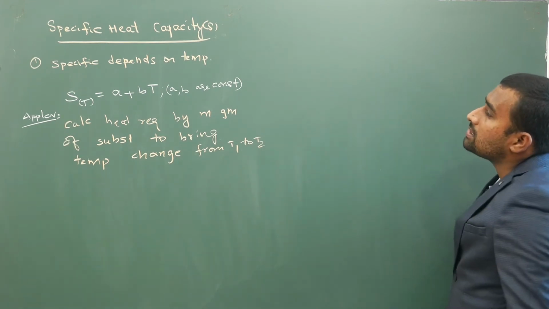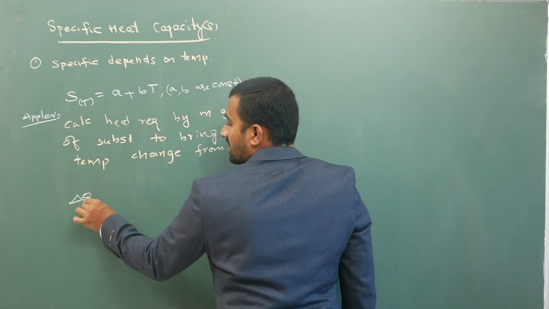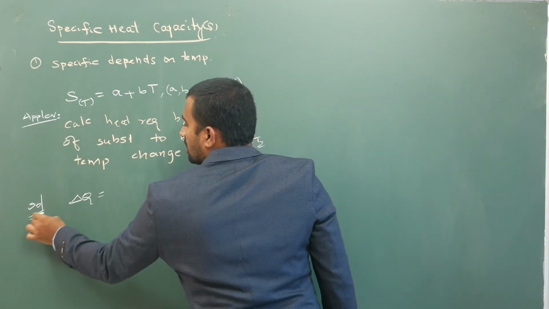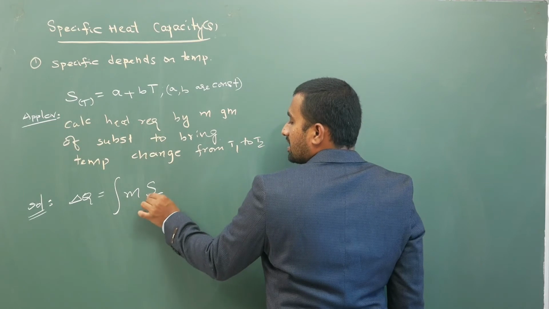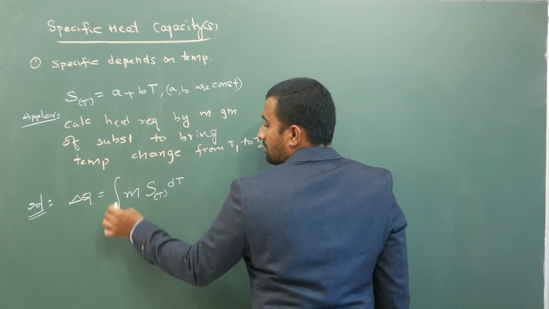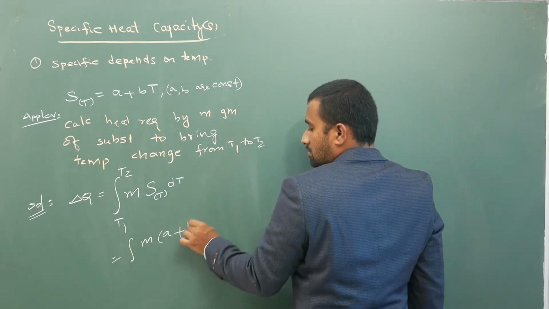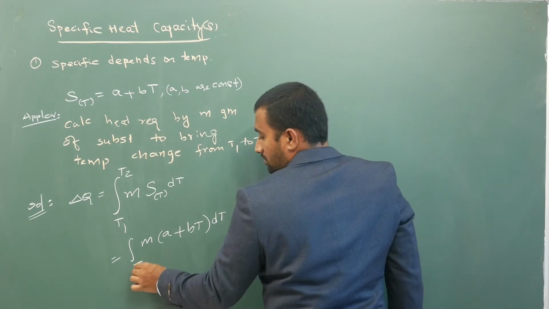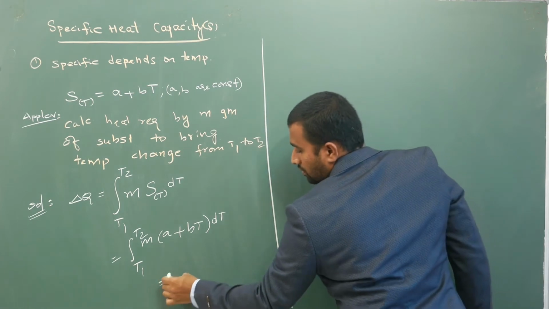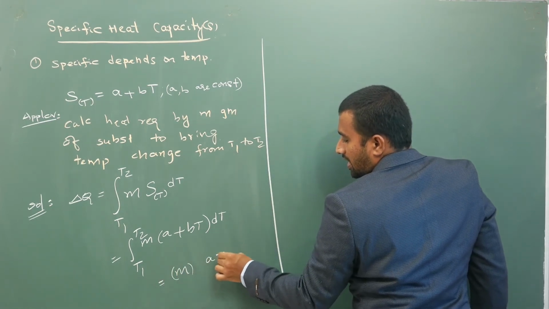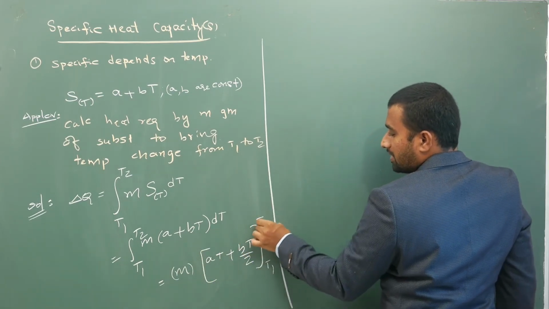When there is variable specific heat, your heat energy delta Q is the integral of m into specific heat as a function of temperature into dt, from T1 to T2. That gives m times the integral of A plus Bt dt from T1 to T2. Simplifying the integral gives m times At plus Bt square by 2, lower limit T1, upper limit T2.